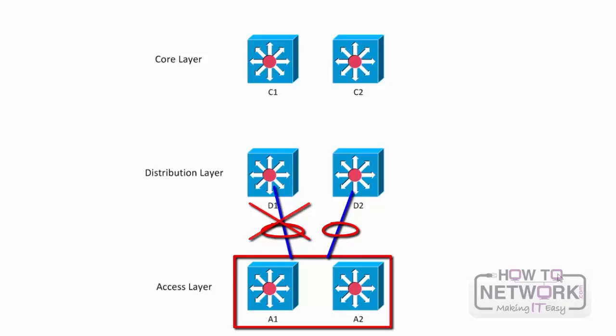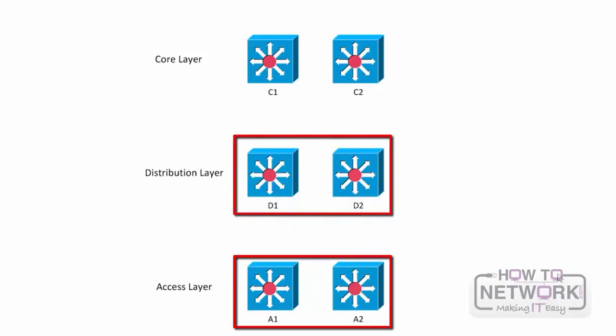So to continue the improvement of the design, you would use a logical switch in the distribution layer. Now, as you can see, the network design, instead of all of these separate physical switches, is two logical switches in the access and distribution layers. A1 and A2 are combined, D1 and D2 are combined, and they're connected by a single EtherChannel.